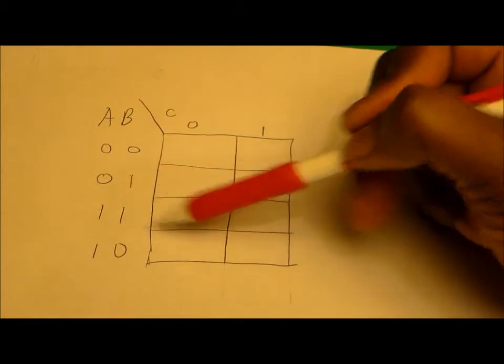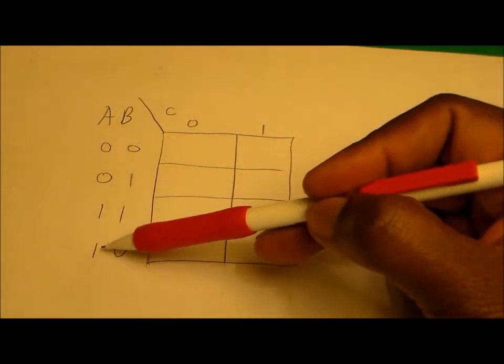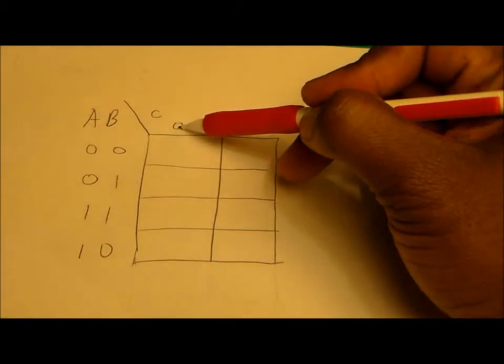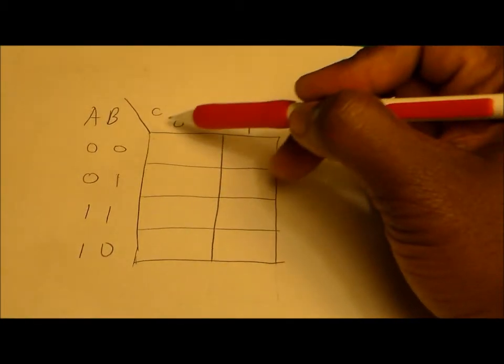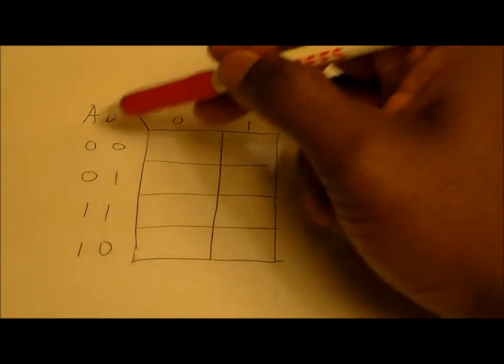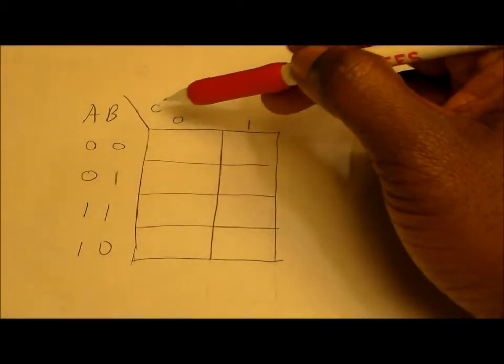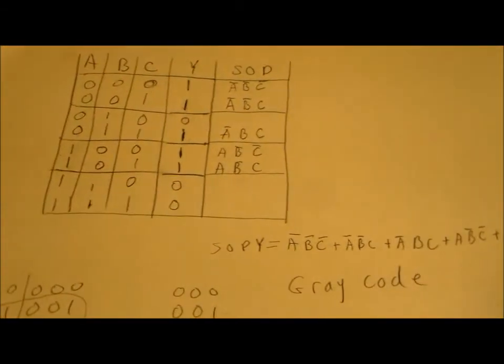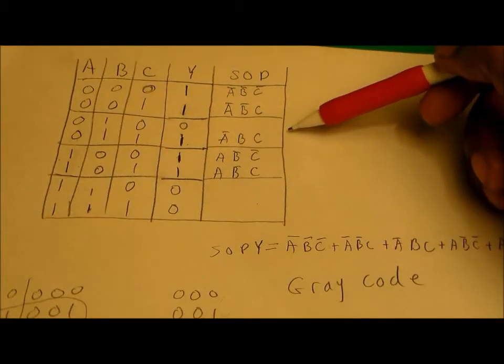Again, only a 1-bit change in between consecutive numbers, and then a 1, 0. And then we also have our 0 and our 1 here for our letter C. Now those are representing the inputs into our circuit that we're trying to create from the previous truth table.